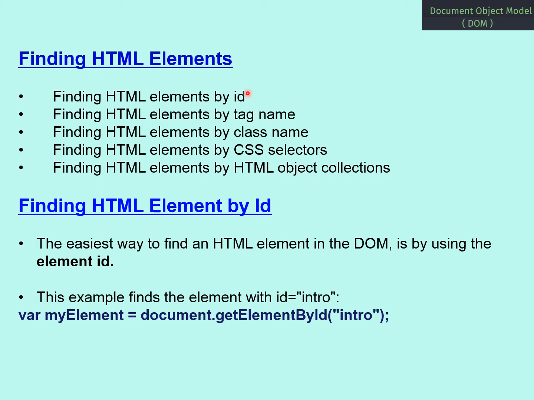So by using ID or tag name or class name or CSS selectors or by HTML object collection, we can find the different HTML elements.